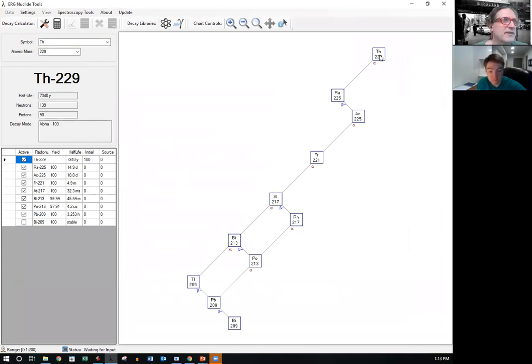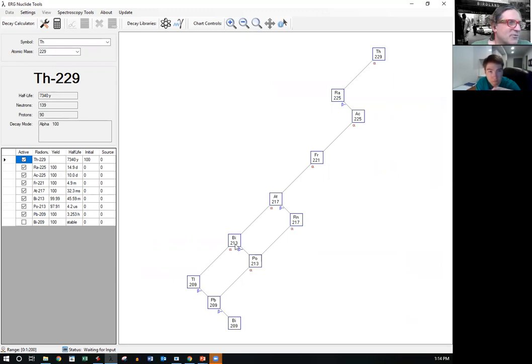So this is the decay of thorium-229. It goes all the way down to bismuth-209. Here are the half-lives. I use a different half-life than what's listed here for thorium-229. But see, it's days, minutes, microseconds, minutes, milliseconds, microseconds, hours. The other thing is there's branching here.